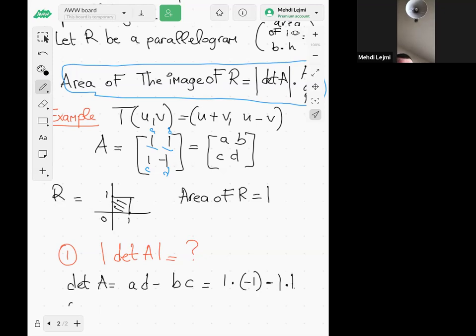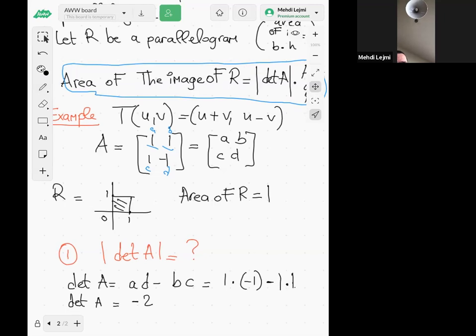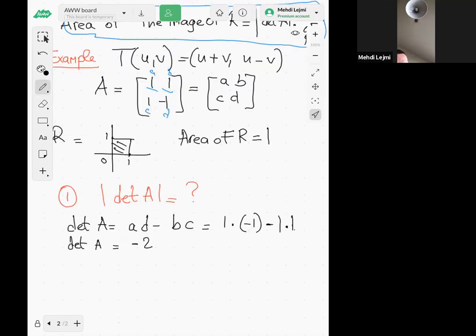Anyway, the determinant of A is actually negative 2. And the absolute value of the determinant of A is just the absolute value of negative 2, which is of course positive 2.